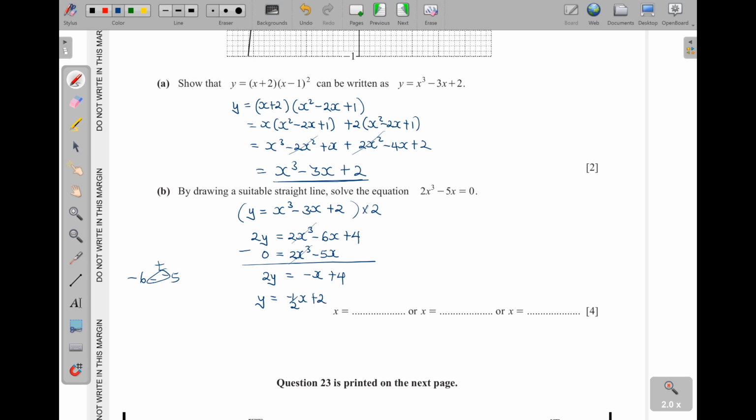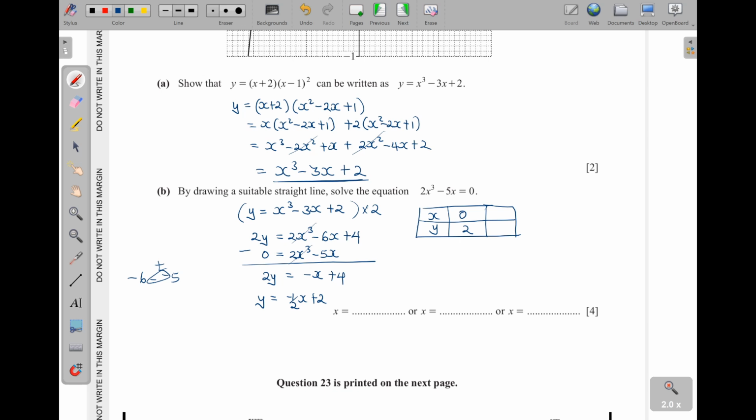So we can now look for two coordinates here to draw that line. So the line we are going to draw is that y is equal to negative x over 2, then plus 2. So x and y. When x is 0, y is 2, okay?